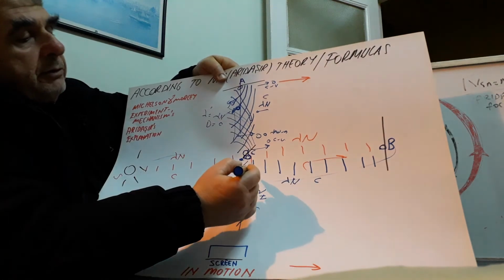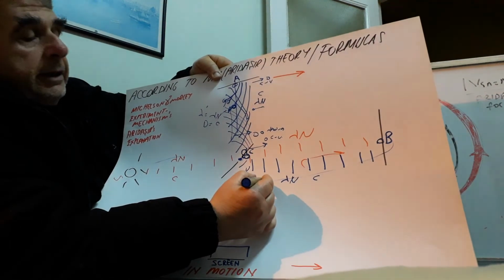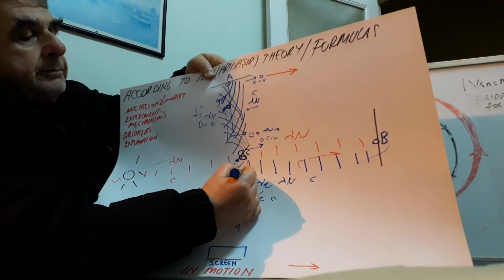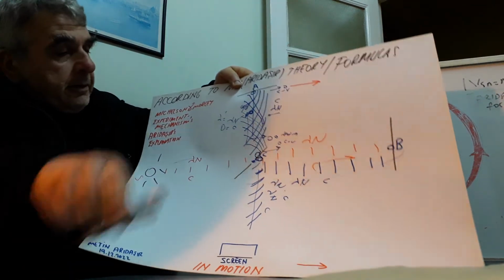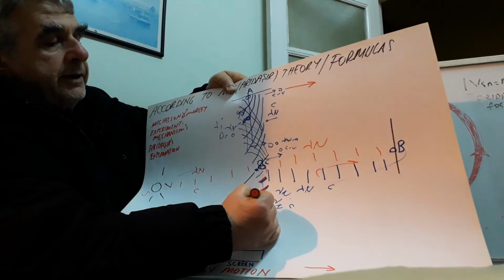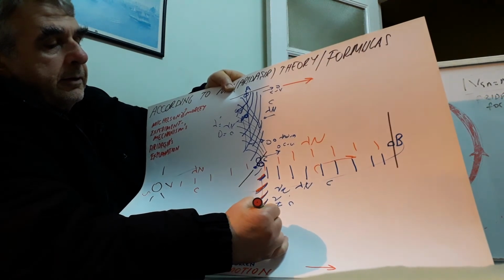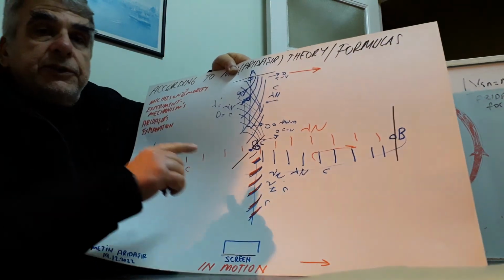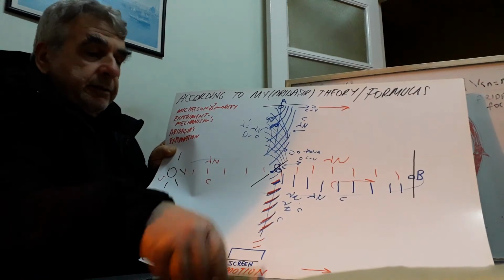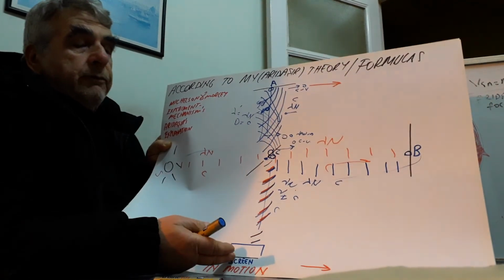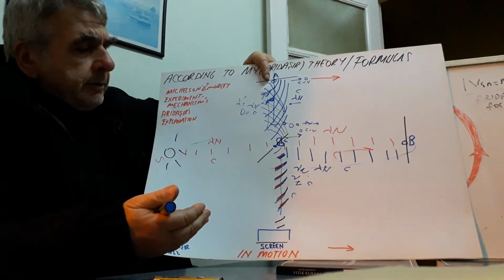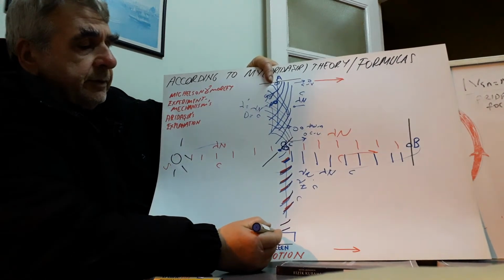But in the 90 degree direction, wavelength lambda n doesn't change and velocity C doesn't change, and together in the same phase, no fringe shift. They arrive at the screen, and we see there is no fringe shift. There is no phase shift.